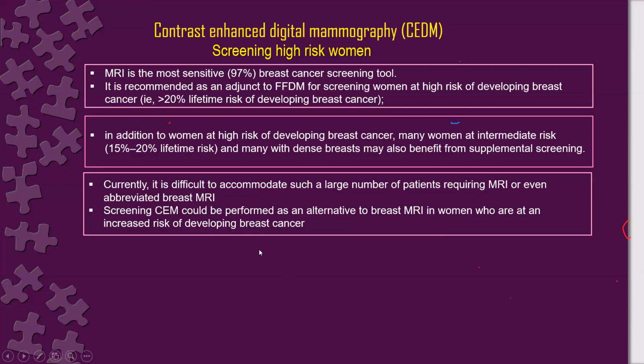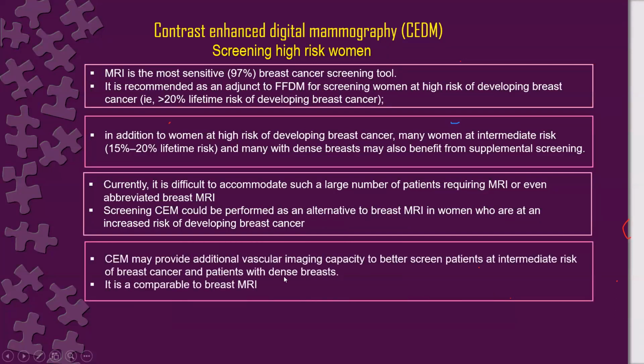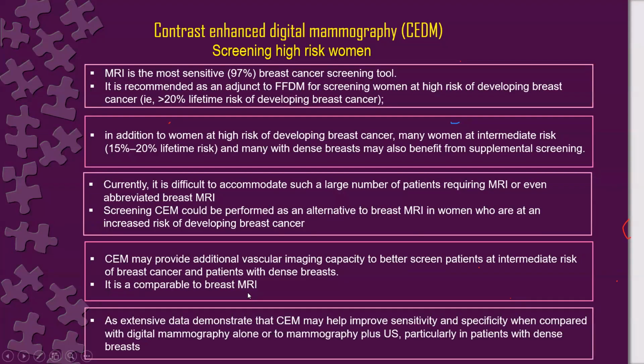So they can use screening mammography instead of MRI as an alternative to screen those groups of people, and they may provide additional capacity to better screen also the intermediate risk, since it has a comparable effect or accuracy to breast MRI.